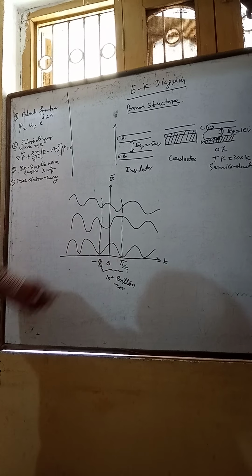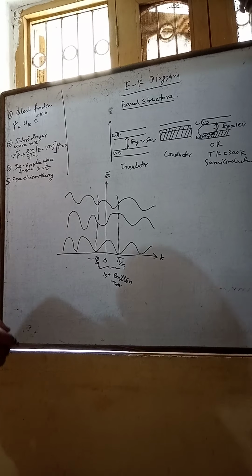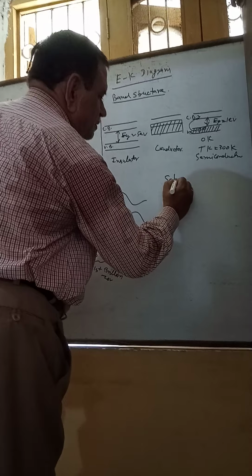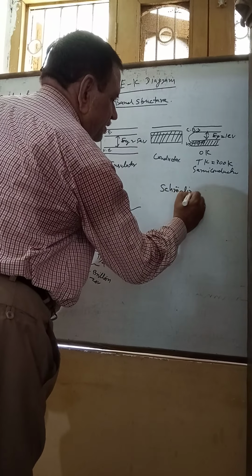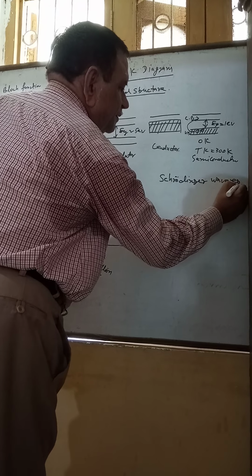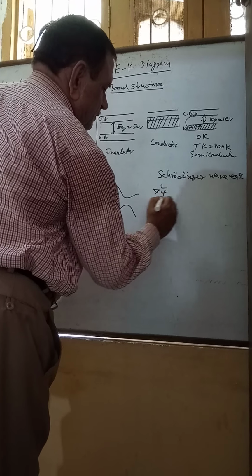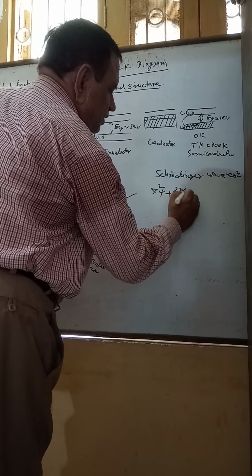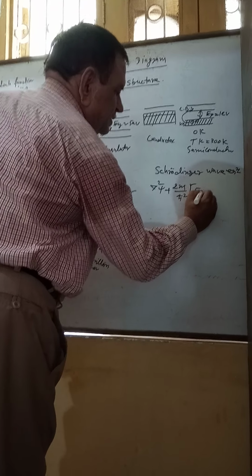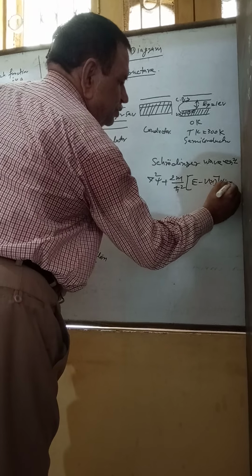The EK diagram comes from the Schrodinger wave equation. As we know, the Schrodinger wave equation is del 2 psi plus 2m upon h cross square into E minus V of x, psi, is equal to 0.